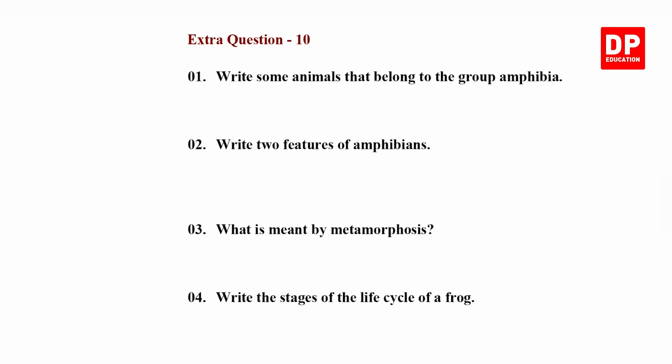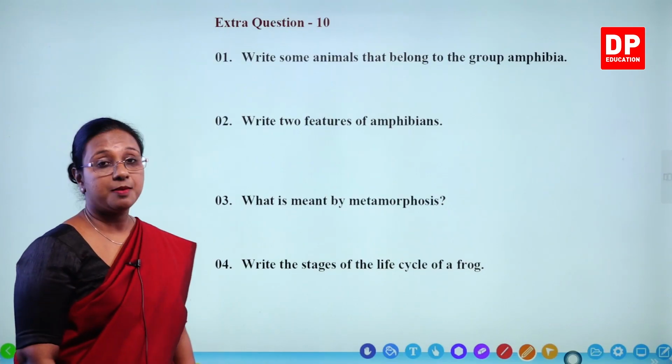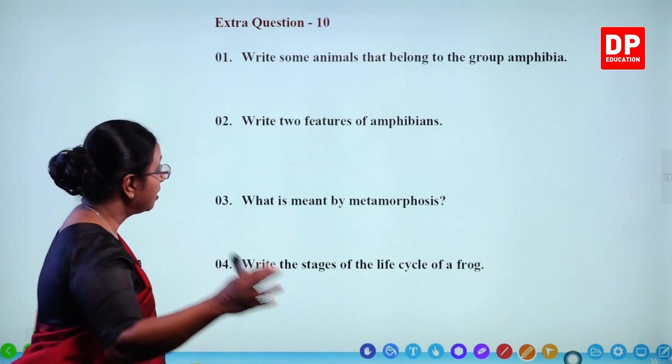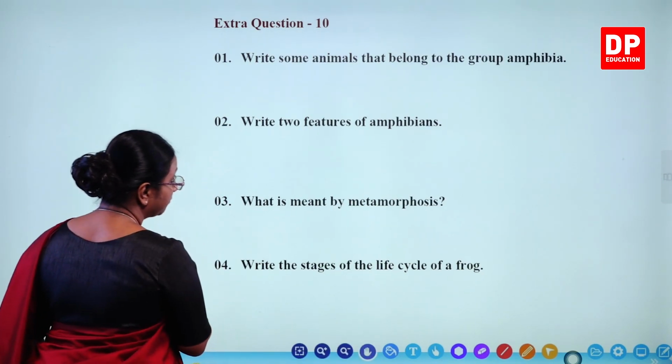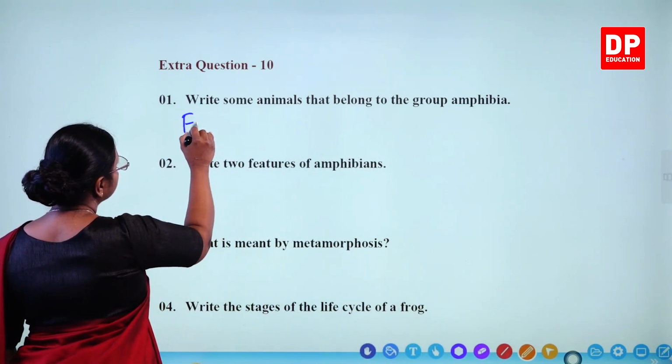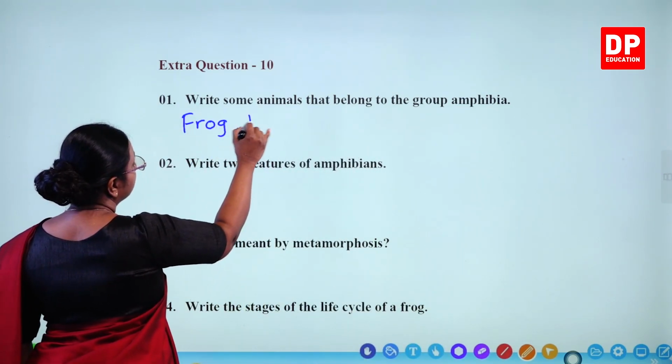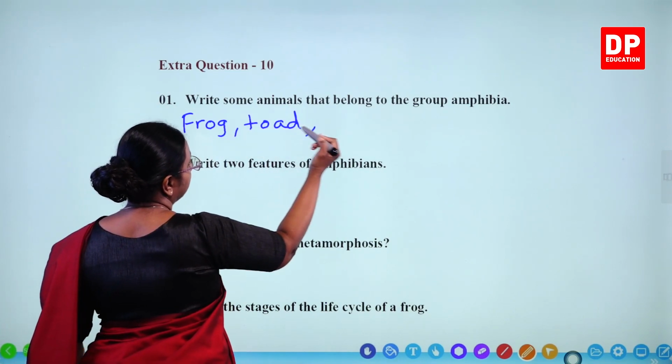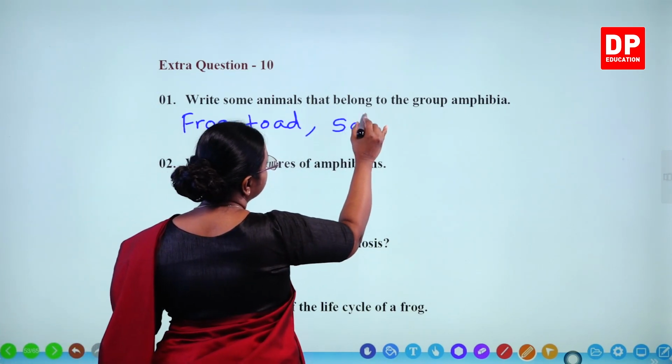Extra question 10. Write some animals that belong to group amphibia. What are the animals you can think of? You can write frog, toad, salamander.